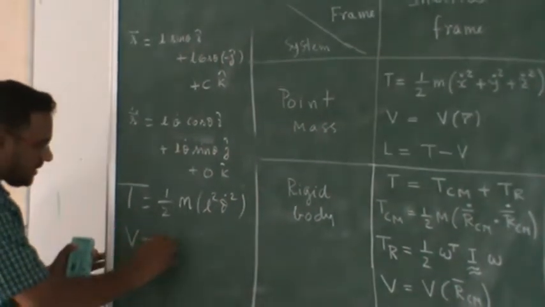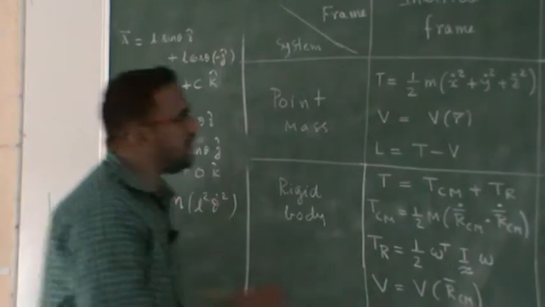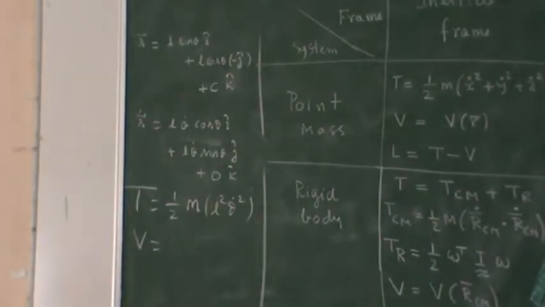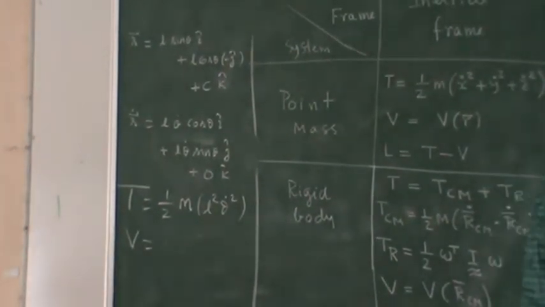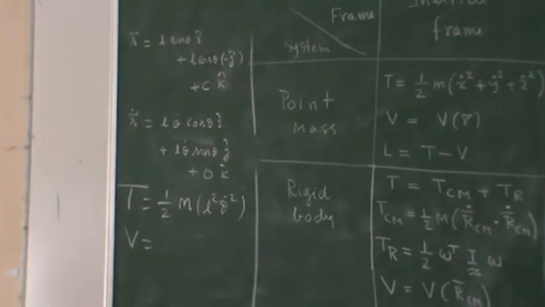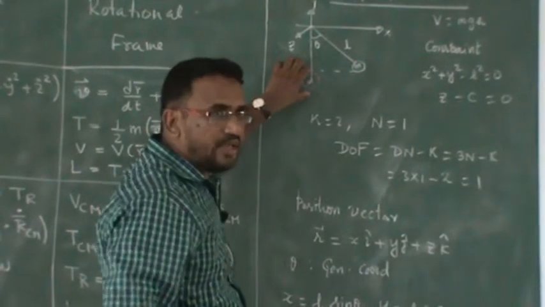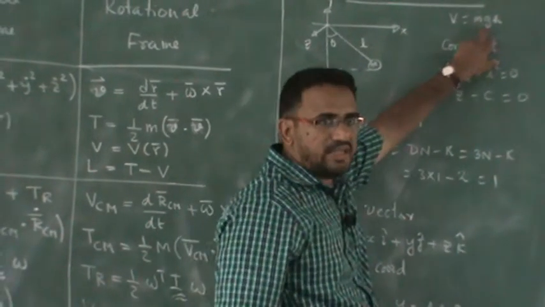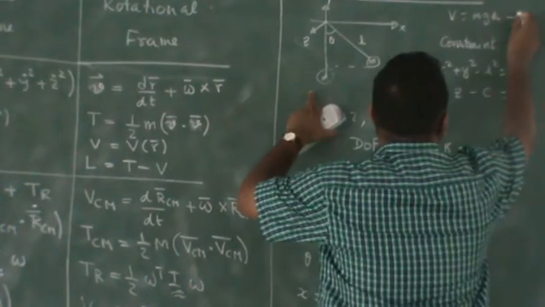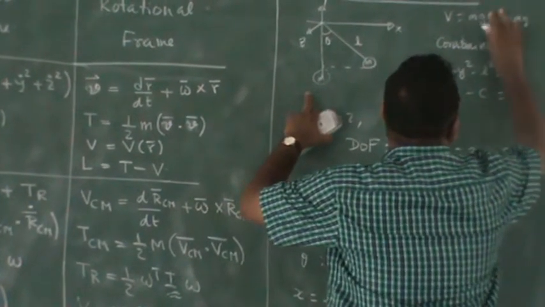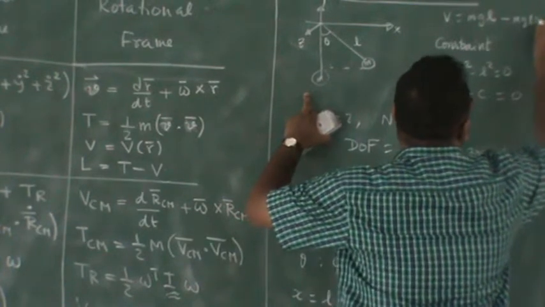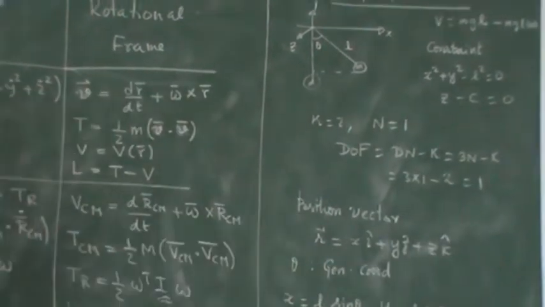And the potential energy: suppose I choose the zero of the potential at the equilibrium point, then V is mgL minus mgL cos theta, so mgL times 1 minus cos theta.